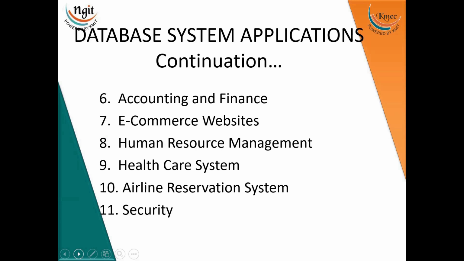And coming to the seventh point, which is e-commerce websites. E-commerce websites are nothing but online shopping websites. So what kind of information is stored and maintained in online stores?